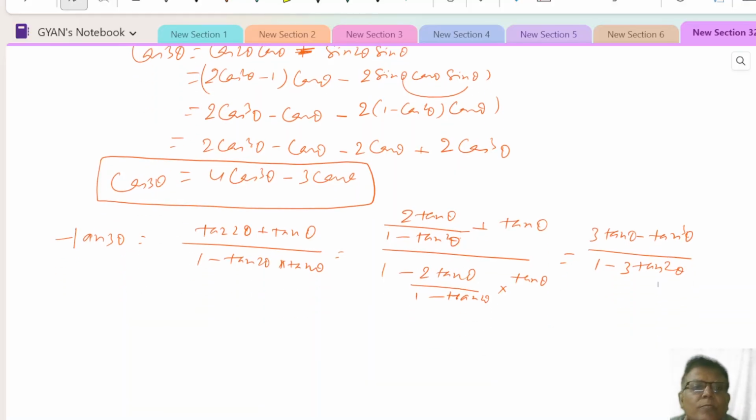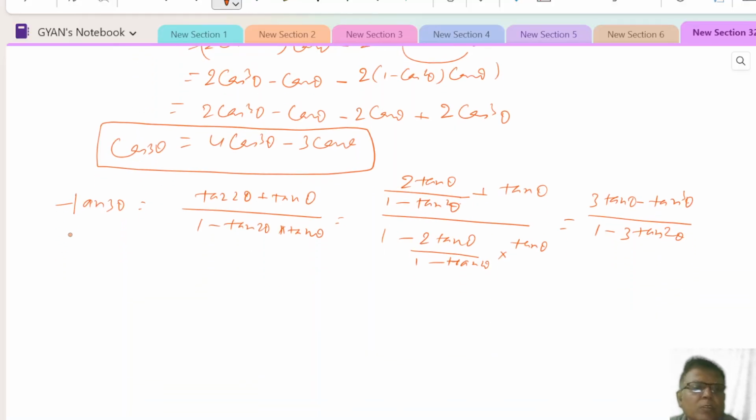So now for that we'll find the value of sine 18 degree. So how will we find the value of sine 18 degree? Let's see.